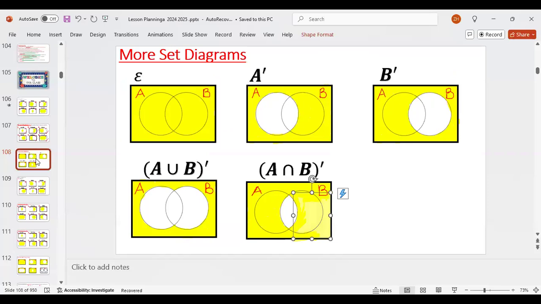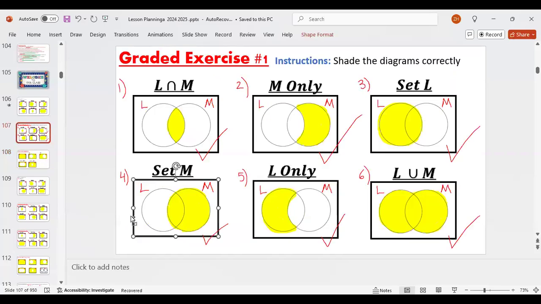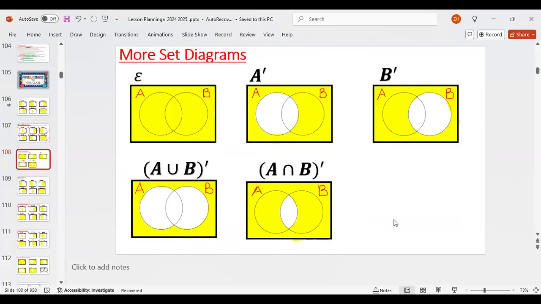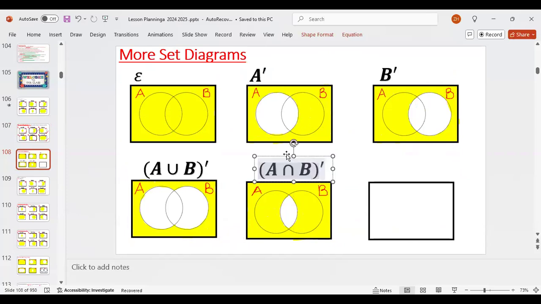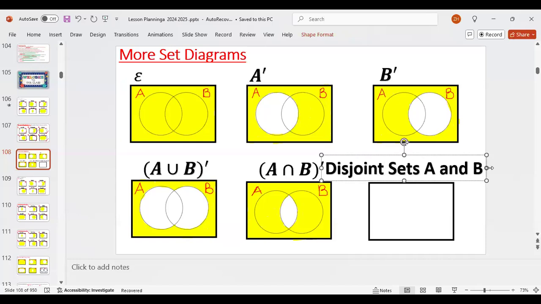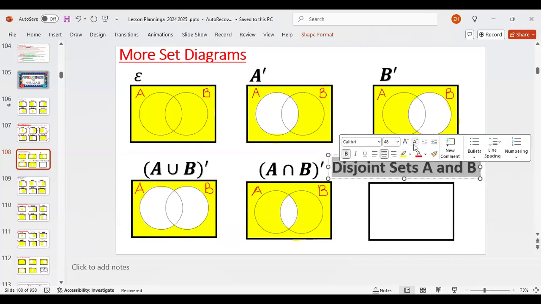And last but by no means least, we have to hurry up because I want you all to do your quiz. This one, I want disjoint sets A and B. Disjoint sets A and B. What does that mean?